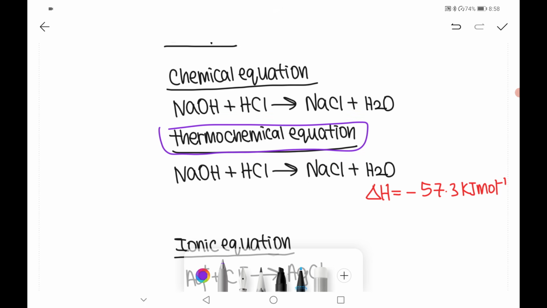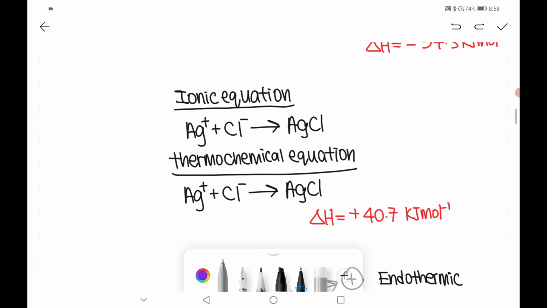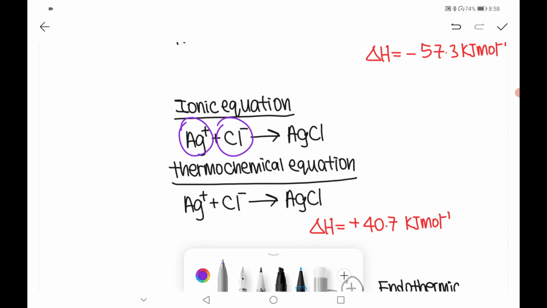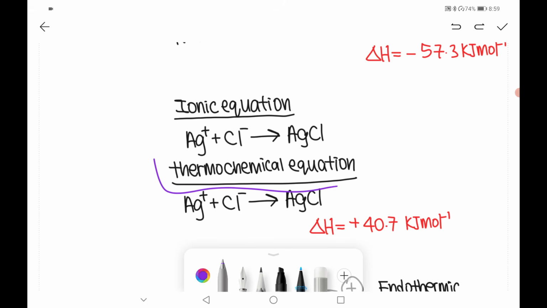Same thing for this one. This is an ionic equation because you can see the ions and the charges. If you add the delta H, it now becomes a thermochemical equation.